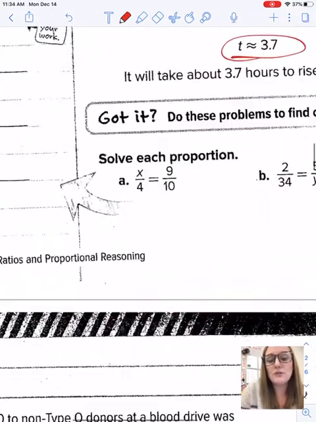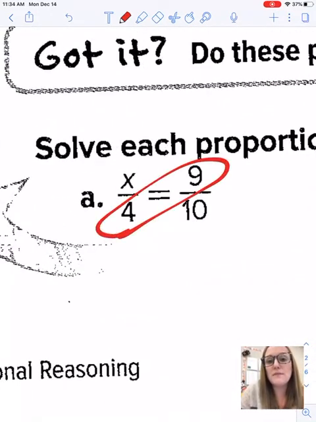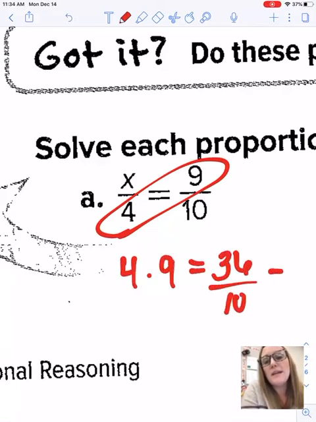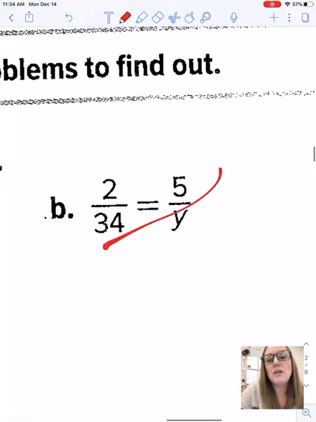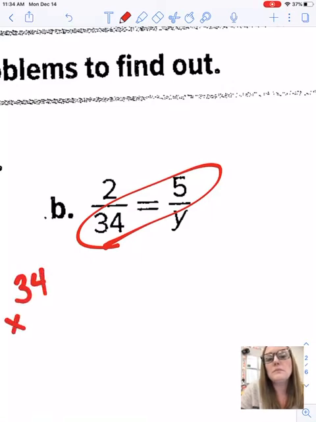All right, so let's look at the first proportion there. Your loop is 4 times 9, which is 36. And then you would divide by the outside number, which is 10. So x would equal 3.6. B, your loop is 34 times 5, which is 170.